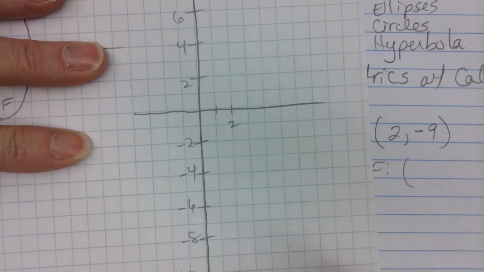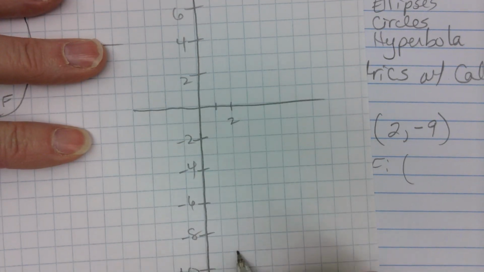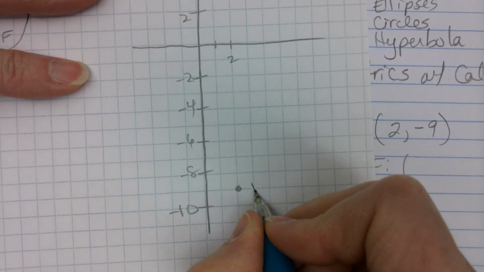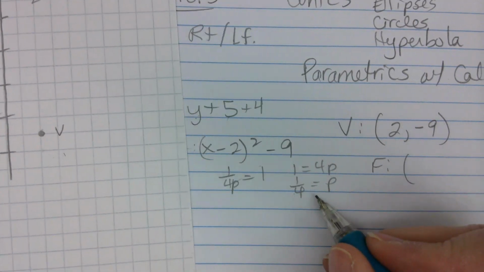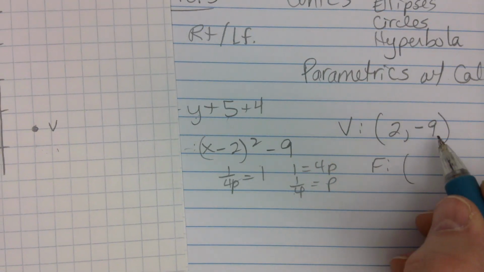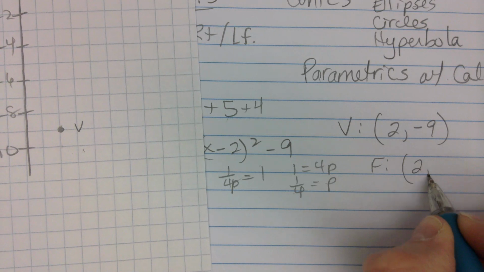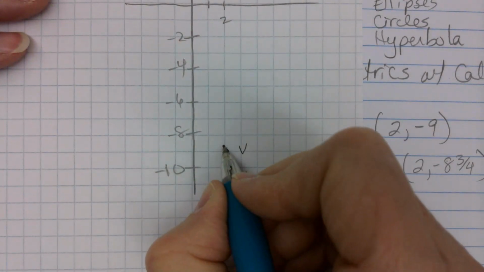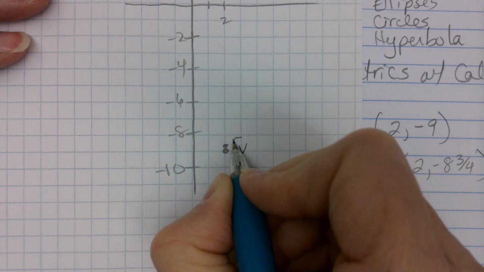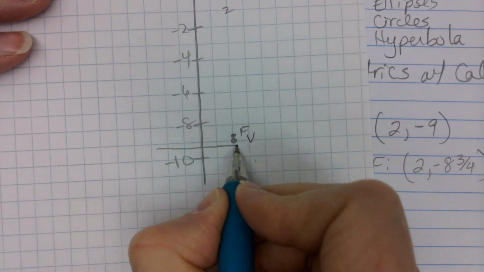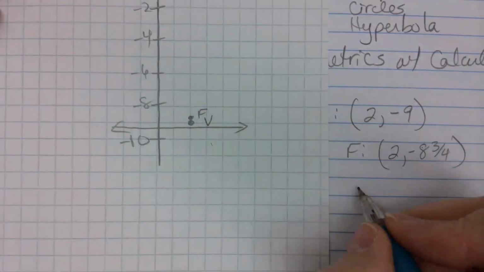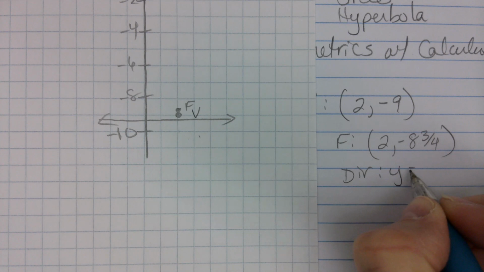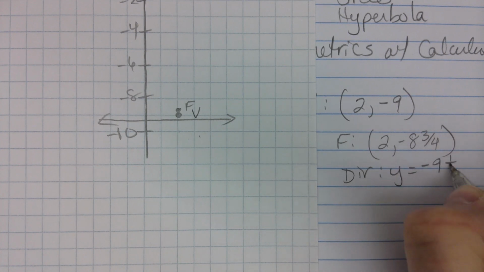So (2, -9) is our vertex, right? We're going to add 1/4 to the y value, correct? So wouldn't that be -8 3/4? That's really close. And the directrix then would be the opposite. What would that be? y equals -9 and 1/4.